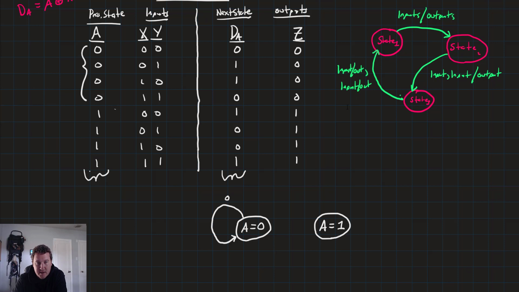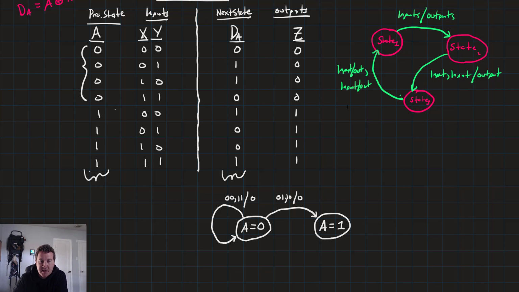And we see that inputs 0, 0 and comma 1, 1 produce output 0. And then for these middle two, 0, 1 on the inputs gives us a next state 1 and an output 0. And a 1, 0 on the inputs gets us a next state 1 and an output of 0. So that's going to be a transition from state 0 to state 1. And that will be inputs 0, 1, comma 1, 0 produces output 0.